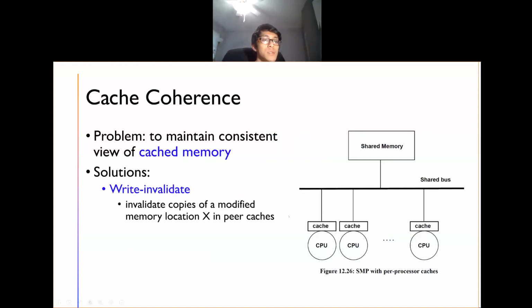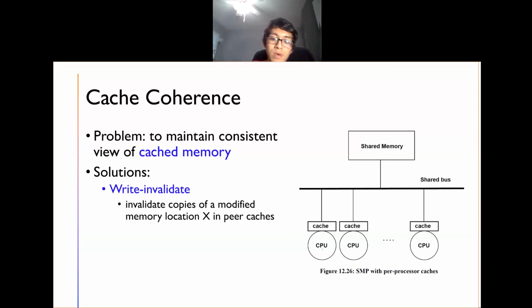There are two ways we can solve this problem. Number one is write invalidate. So whenever a certain memory location X is modified, then that CPU will send an invalidate signal to all of the other CPUs saying, hey, y'all, please invalidate this memory location if you have it in your cache.